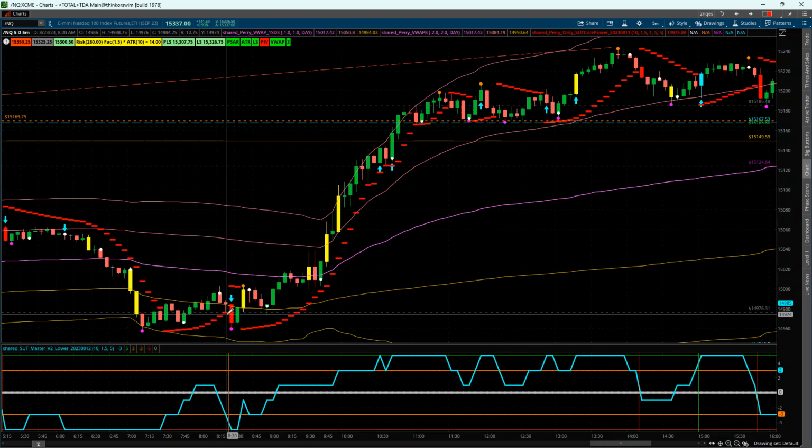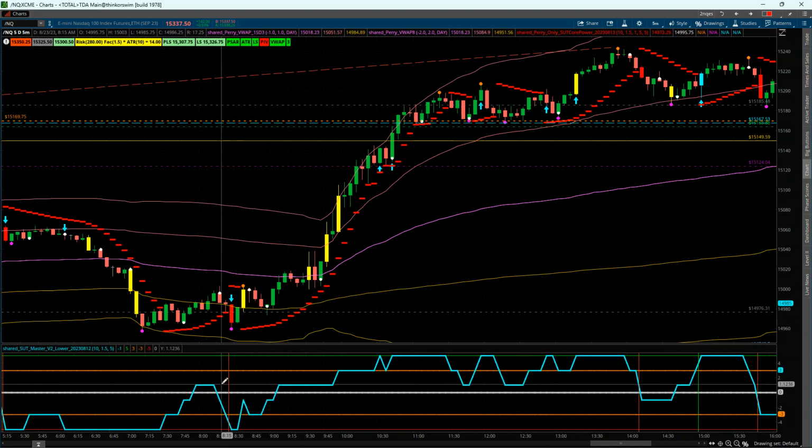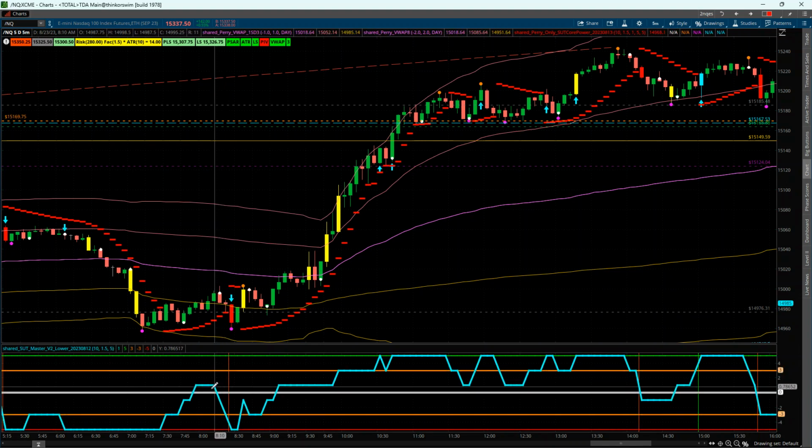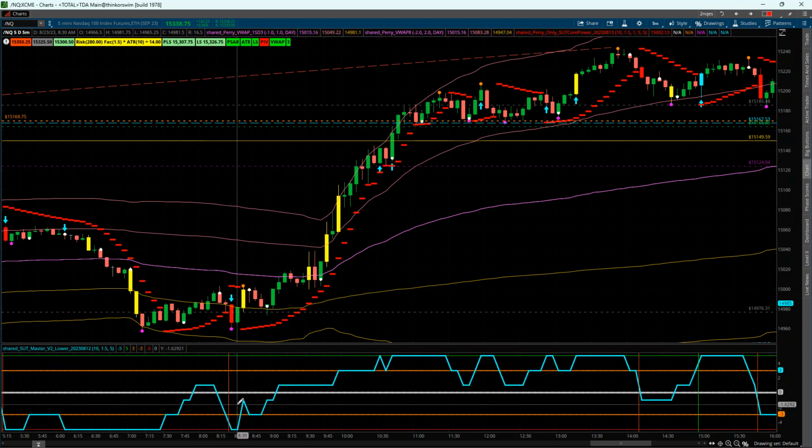Early this morning, before the market had opened, there was some news, and we actually were -5. Now, this red line you see on my screen, where my cursor is, is going to print when we have a move of 4 bars, or a 4-point move or more, in less than 30 minutes.